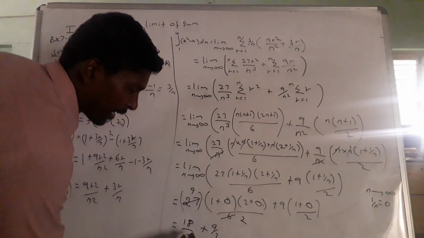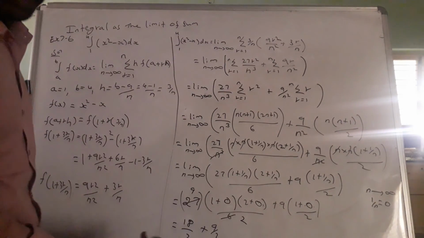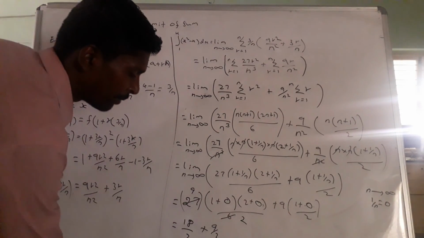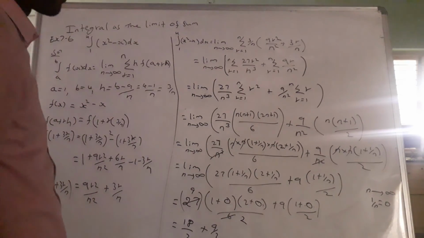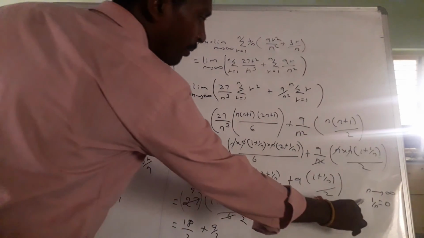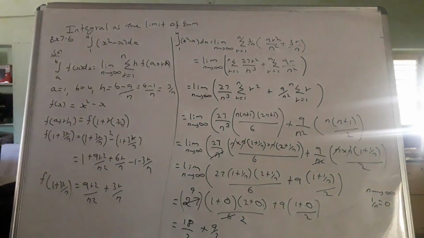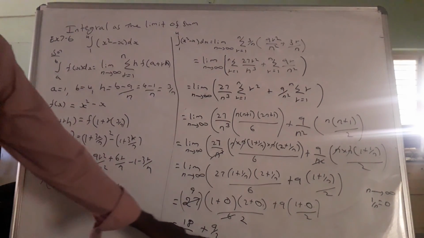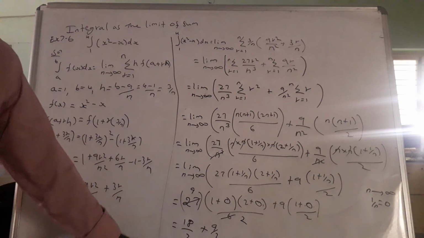Denominator is the same, so we can write 27 by 2. 18 plus 9 becomes 27 by 2. That's all. So in place of the remaining terms, with n tends to infinity and 1 by n equal to 0, the denominator is the same, add the numerator values and write 27 by 2.